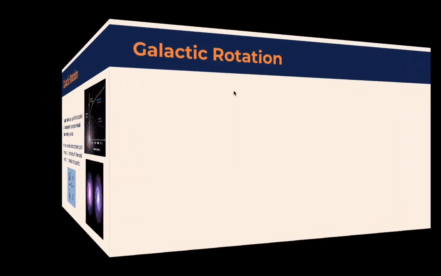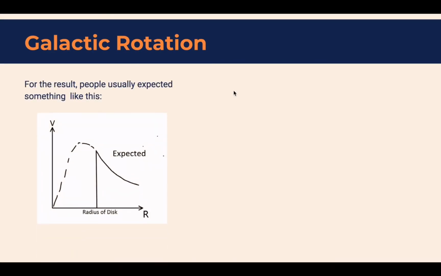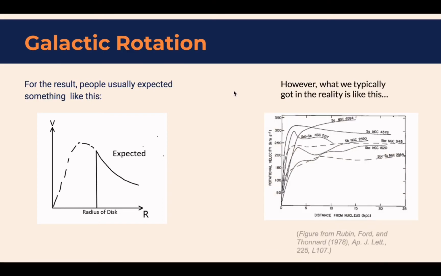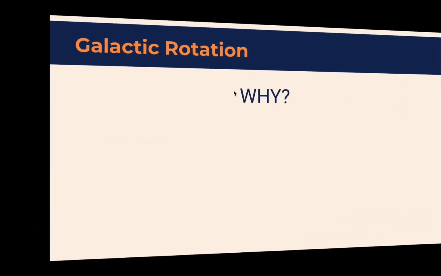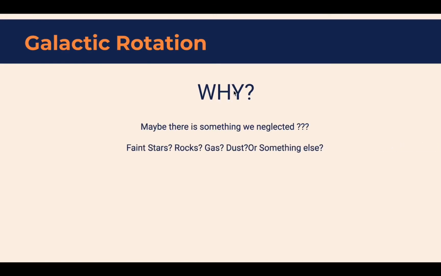As shown in the previous derivations, we expected a decline in the star's velocities when moving away from the galaxy's centers, but what we actually observed is that the velocity of these stars remained almost constant even when moving away from the center of the galaxy. Why does this happen? Why do stars go faster than we expect in galaxies? What is it? Is it faint stars, rocks, gas, or even dust?